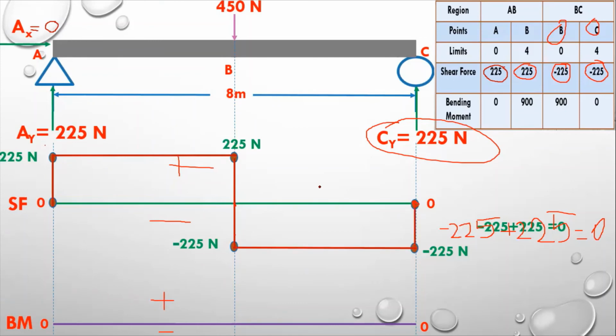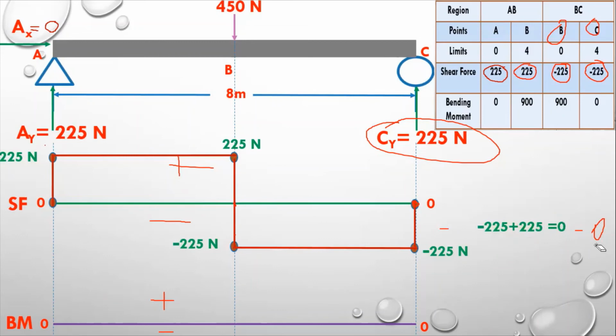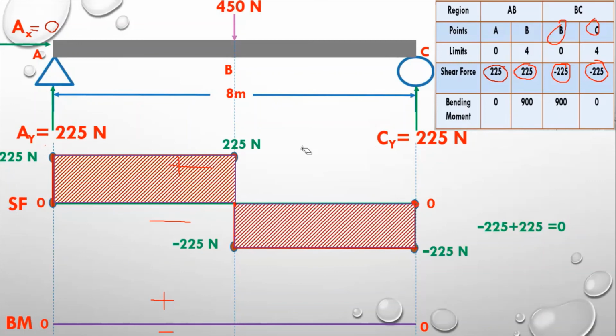So this is the way to make the shear force diagram. Hopefully you will understand this. Let me rub all these things, and we have been successful in constructing the shear force diagram here. Now we have to shade it, or you can make a pattern over here. So I have made a pattern over here like this.